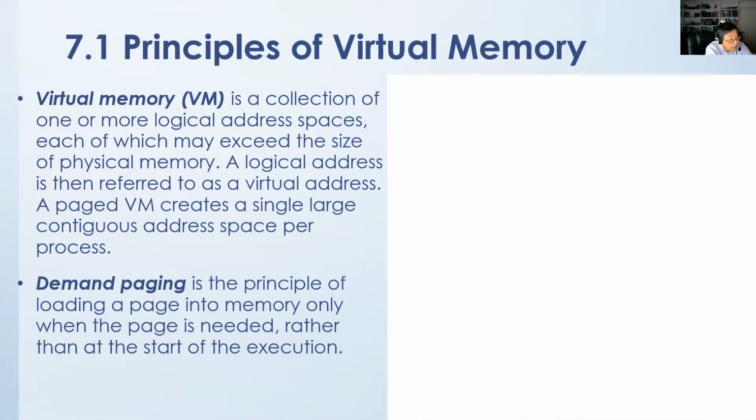Now, in Module 6, memory management, we mentioned that once a process is created, it will first be placed in the logical memory space before it is loaded into the physical memory.